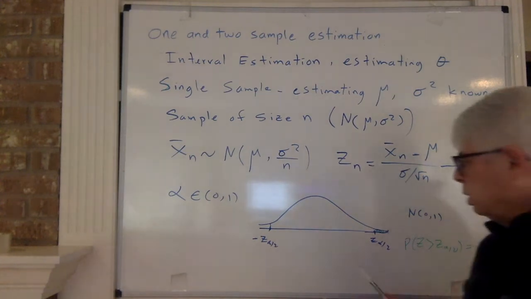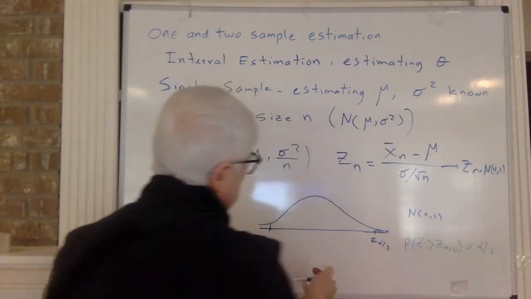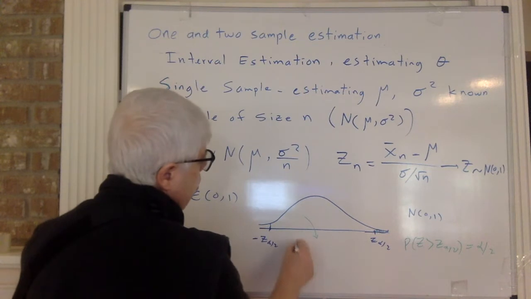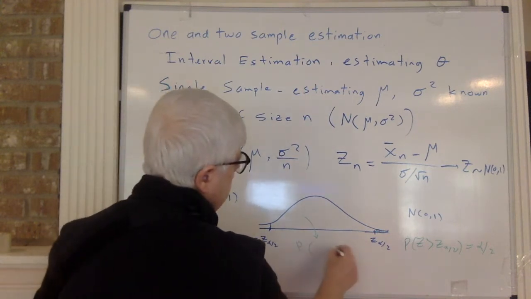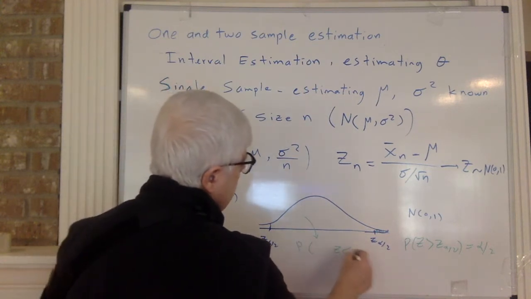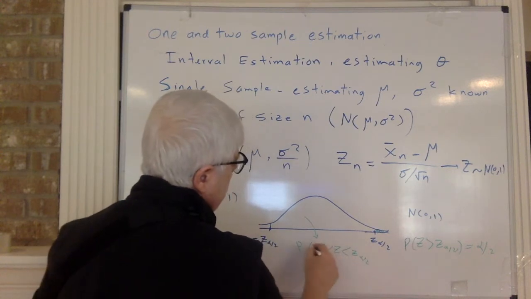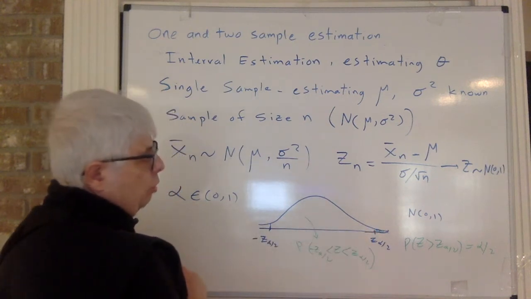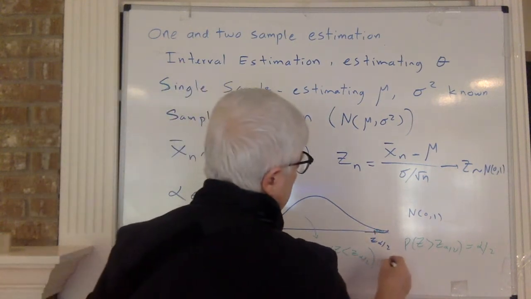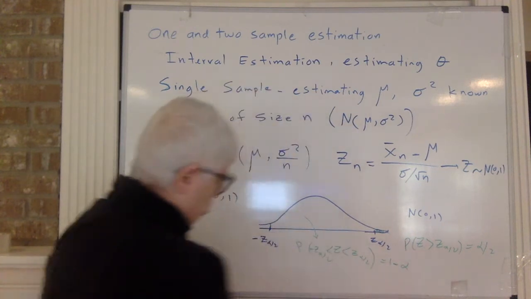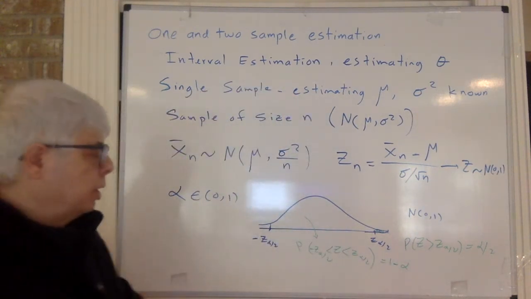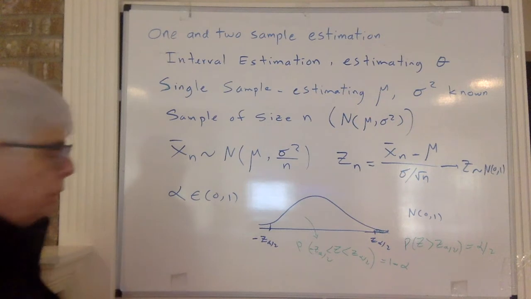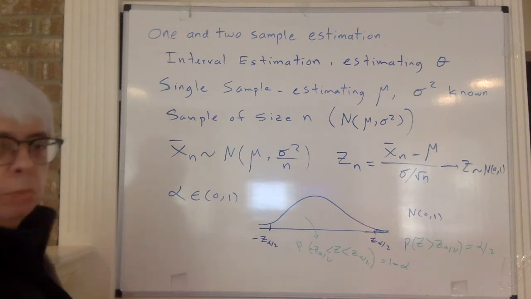So what's the probability that Z is between these two? That's alpha over 2 plus alpha over 2, add them, it's alpha, so the probability between is 1 minus alpha. So if I choose these two, then I will get 1 minus alpha.